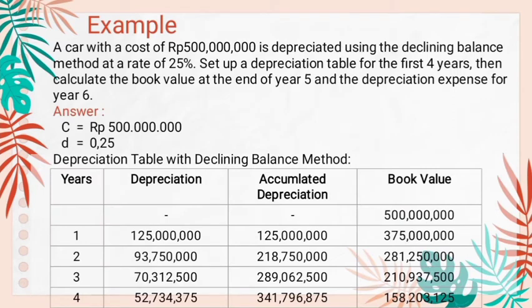Okay, for the example, a car with a cost of 500 million rupiah is depreciated using the declining balance method at a rate of 25%. Set up a depreciation table for the first 4 years, then calculate the book value at the end of year 5 and the depreciation expense for year 6.